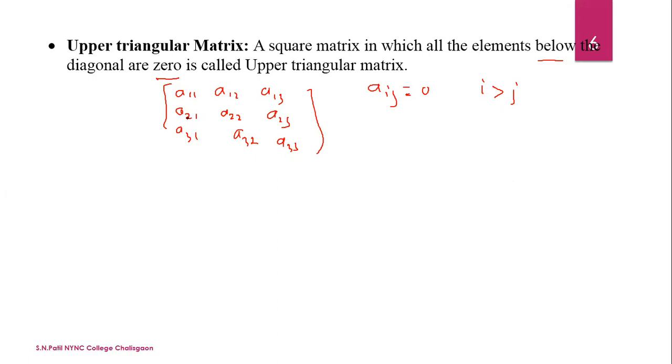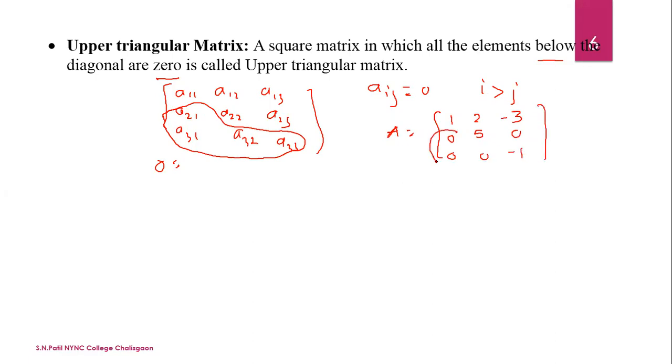See here 2 is greater than 1. Strictly greater sign is here, not equal to. So these are the elements whose values are 0. For example, A is equal to 1, 2, minus 3, 0, 5, 0, 0, 0, and minus 1.